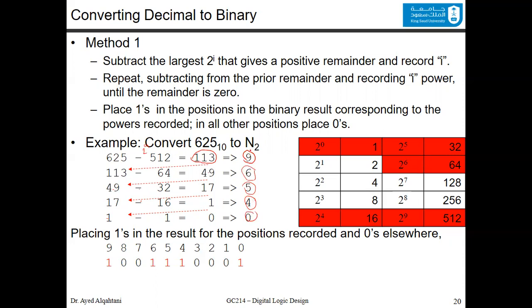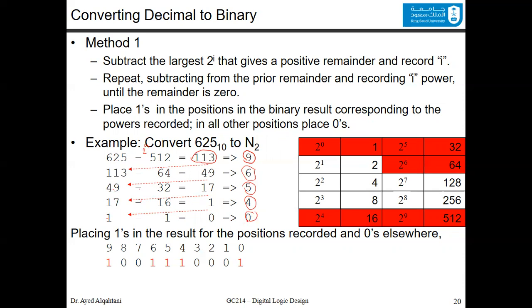These powers are actually the positions of the ones. So what do you do? You place 1 in the position in the binary result corresponding to the power that you recorded here, and in all other positions, you place a 0.